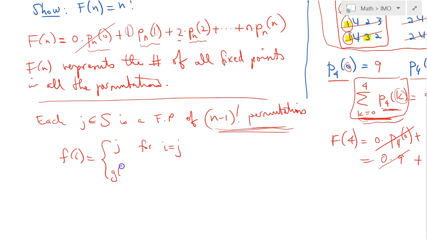Otherwise, it's mapped to another function, g of i, which is a restriction of the function f onto all the elements not equal to j. And that's it.